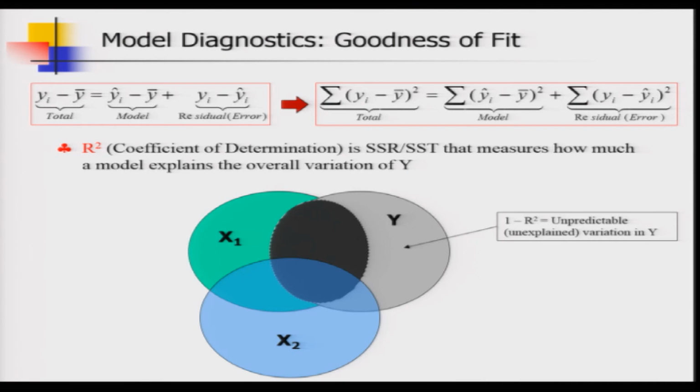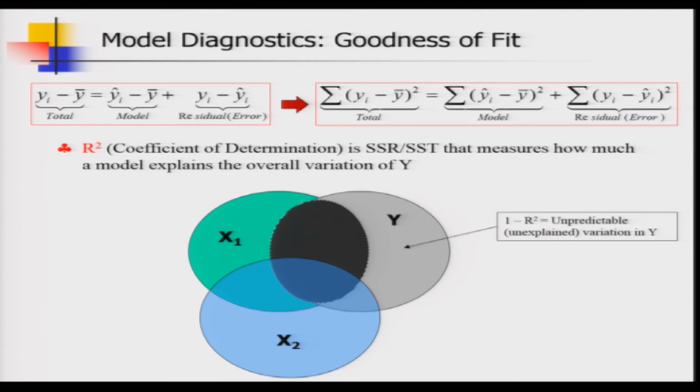So, there are common areas in this Venn diagram. This common area, given by the black color, is the common contribution of x1 and x2 variation in explaining the variation of y.